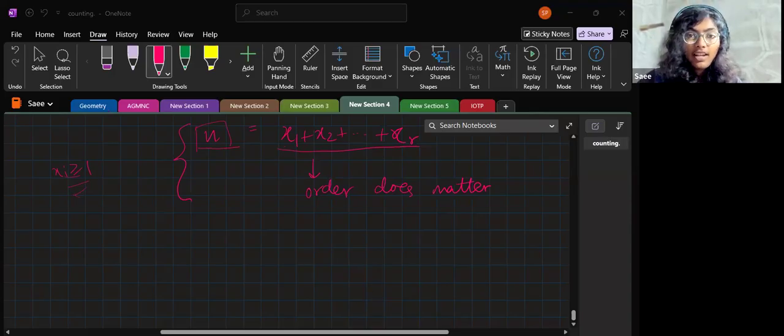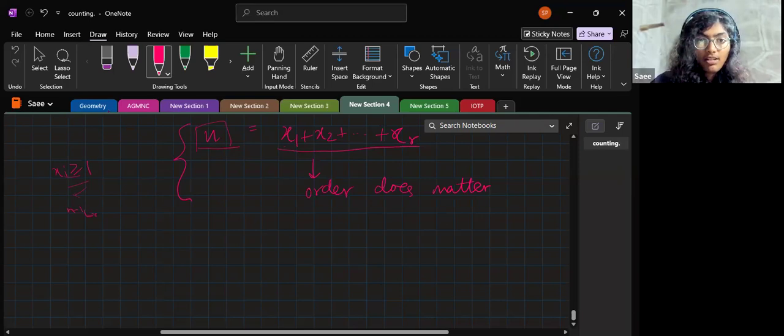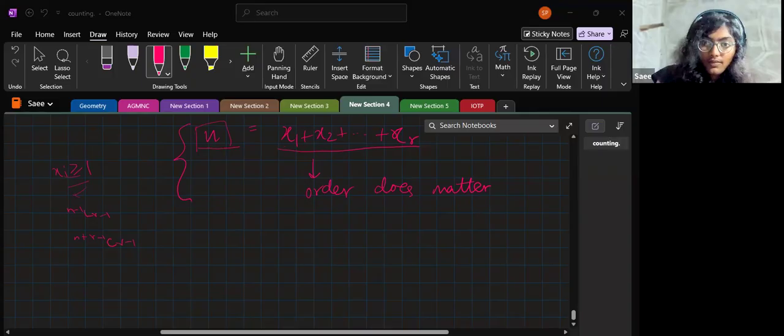Then we have another candidate. Some people are saying it's n minus 1 choose r minus 1. Some people are saying it's n plus r minus 1 choose r minus 1. I don't know which of these is correct.